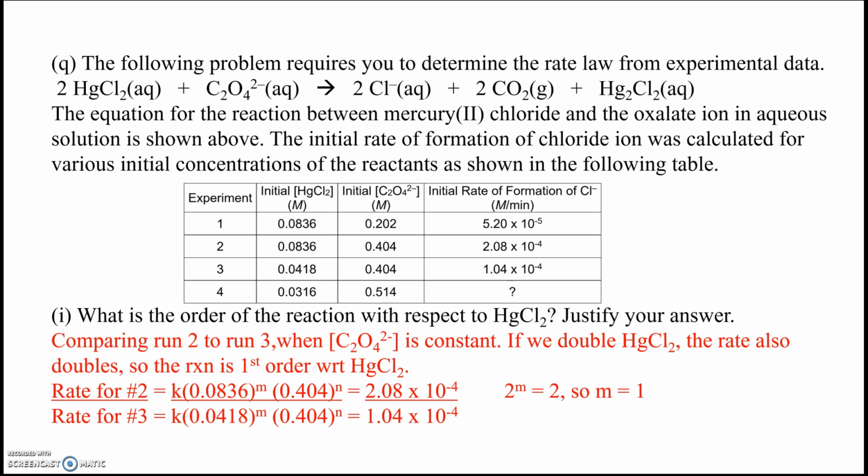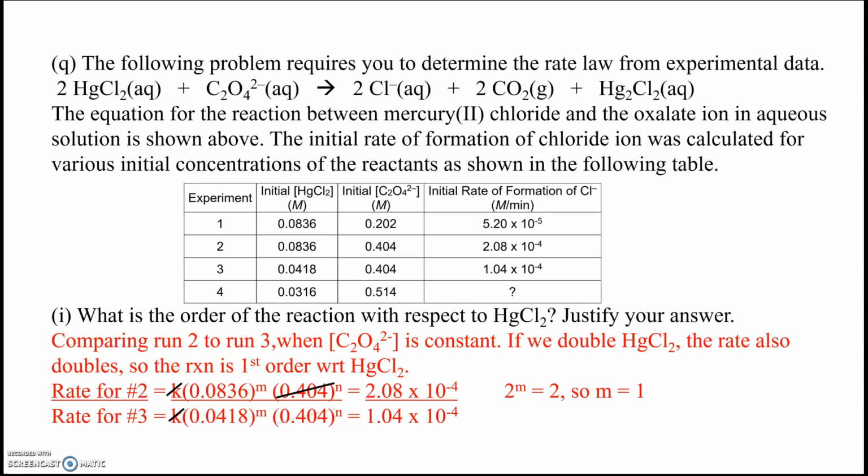And then I do the same thing for run number 3, and I set it up as a ratio of these two conditions. And when I do that, I see, well, the K's are the same in either case, so they cancel.